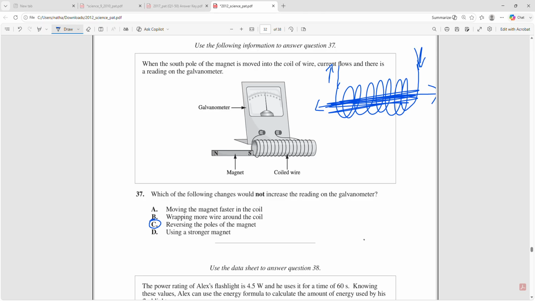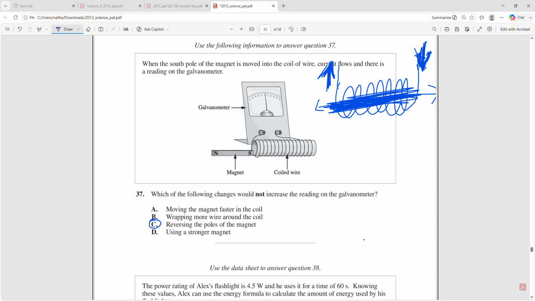And also, the faster we move that, the faster we change that magnetic field, the stronger the current we get. Another thing to know is if the magnetic field is stronger, if it's a stronger magnet, that again produces a stronger current in the wire.